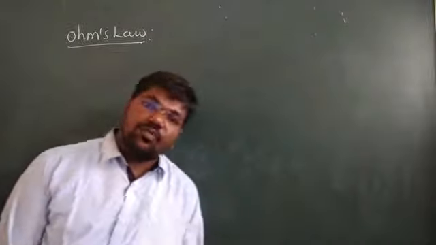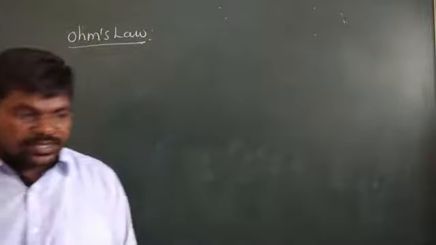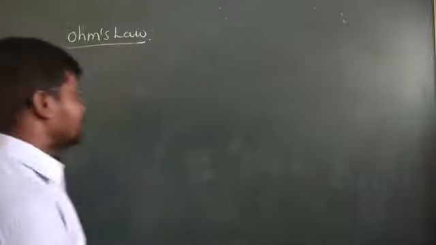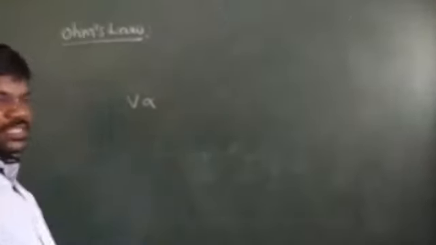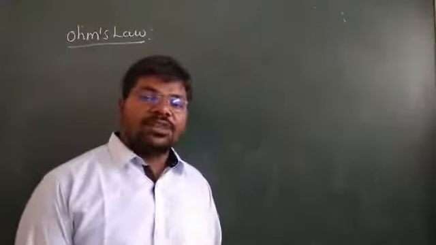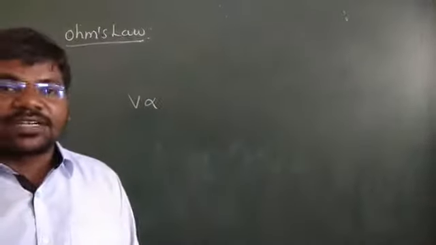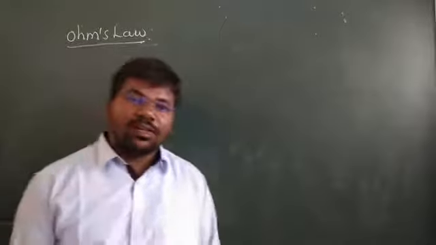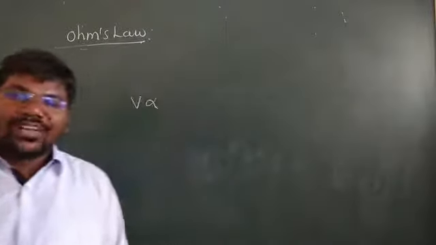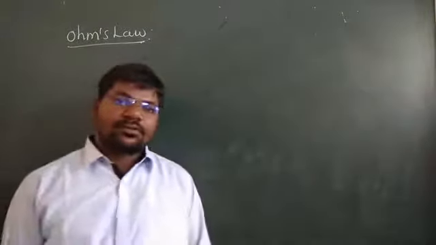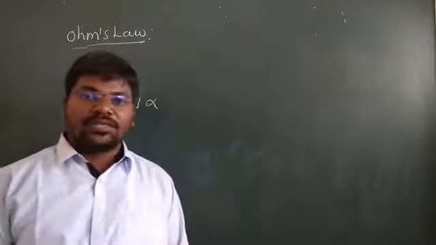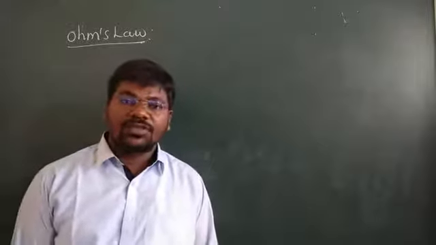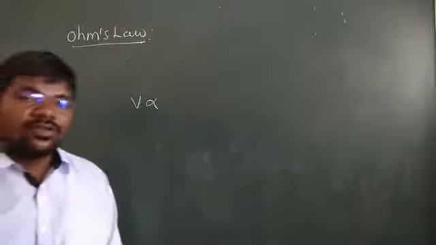Definition of Ohm's law: at constant temperature, the potential difference between 2 points is directly proportional to the current flowing through a conductor. What is Ohm's law? The potential difference between 2 points is directly proportional to the current flowing through a conductor.